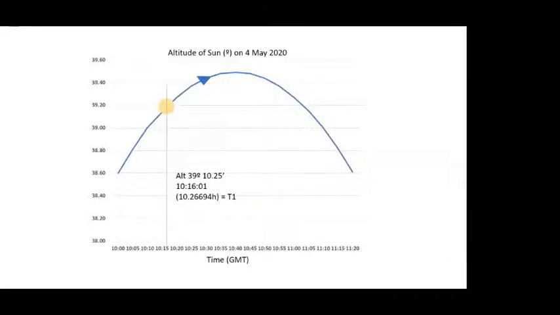They then waited for the sun to come down again on the other side, and once again they kept the sextant at the same altitude, and they measured the time, and they found that time was 11:04:08. Now I converted it to decimals. 10:16:01 converted to 10.2662 hours. We call that T1, and 11.00689. We call that T2.